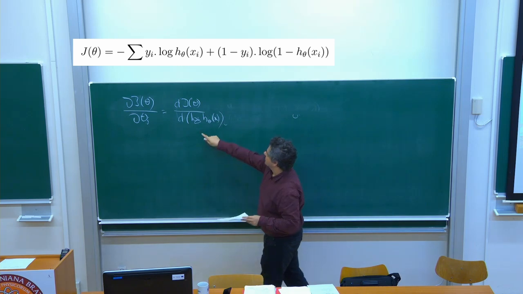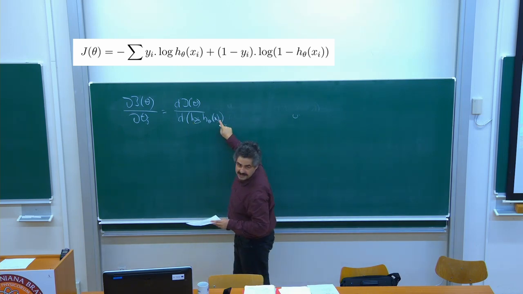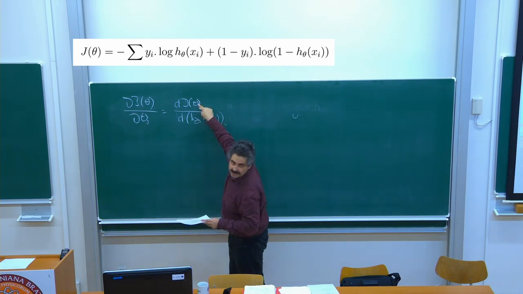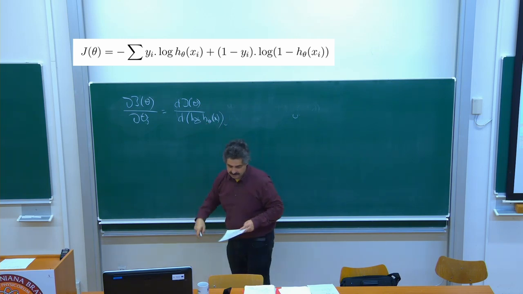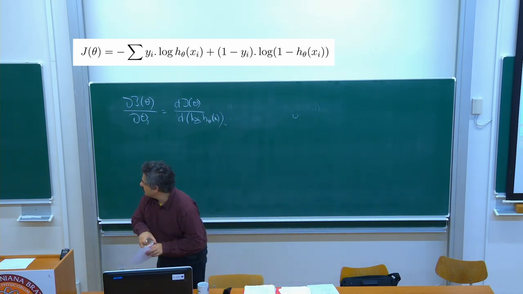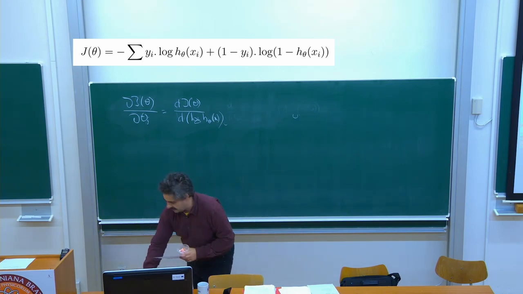Imagine that this is your variable now, and you are doing derivatives based on this variable. Why this particular thing?